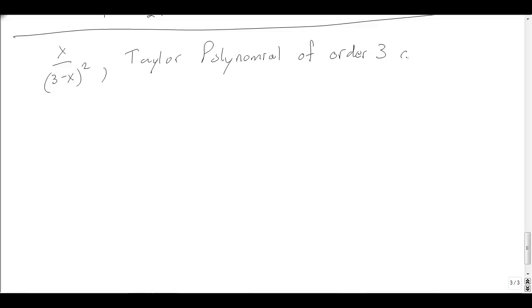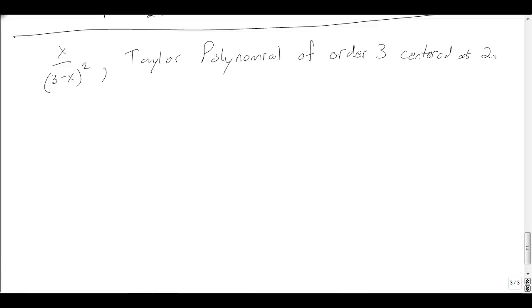That was A. So part B, we wanted to do a Taylor polynomial for x over 3 minus x squared. Same function. And we want a Taylor polynomial of order 3, but now we're going to do this centered at 2, instead of centered at 0.